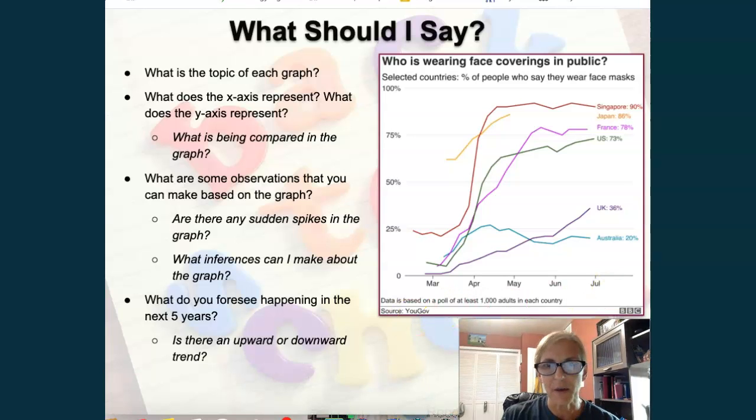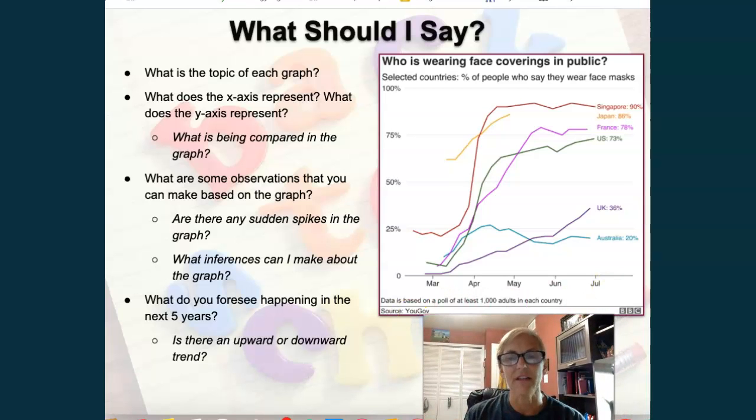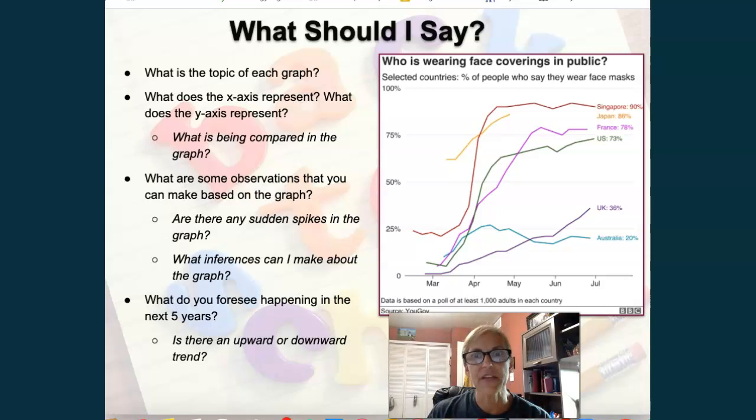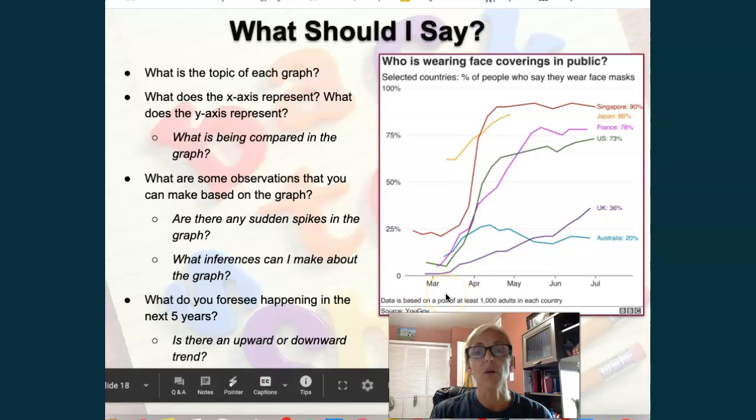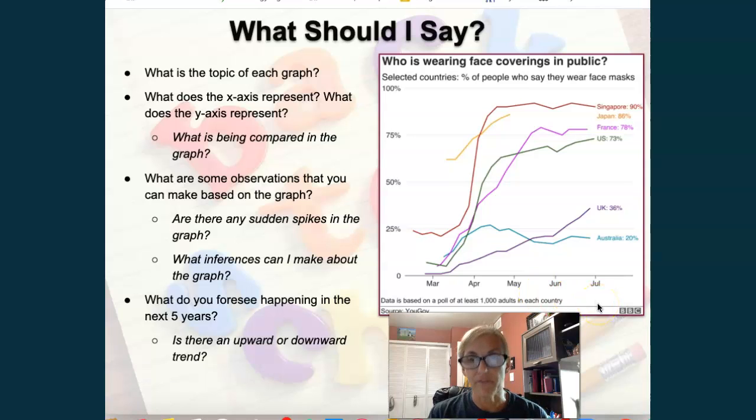So we've looked at the upward and downward trends and we've looked at leveling off. Those are some of the things you can identify from the graph. In the scientific method, you might have read about the independent and dependent variables. Remember, the independent variable is the thing that the scientist can control. They choose to change this. So we could control which month we were looking at the number of masks.